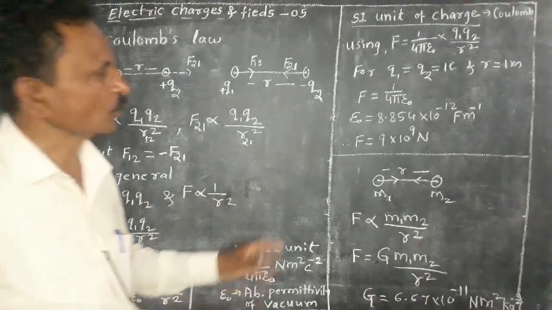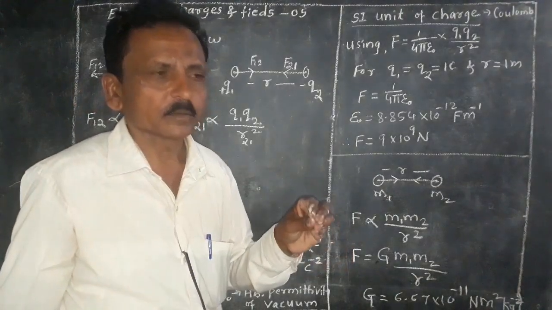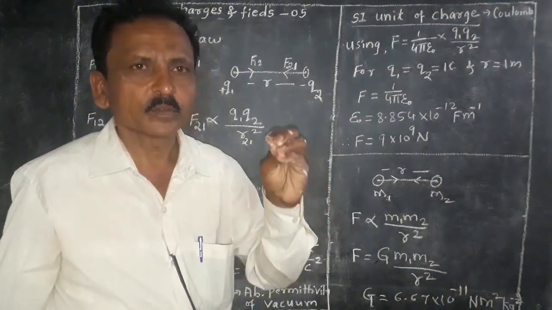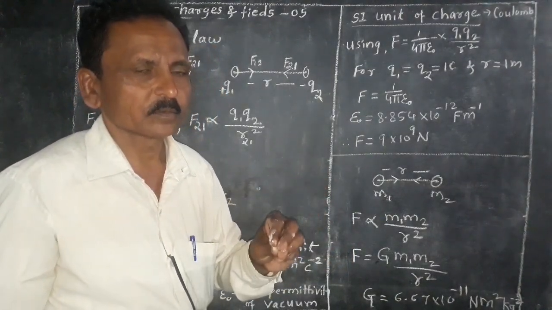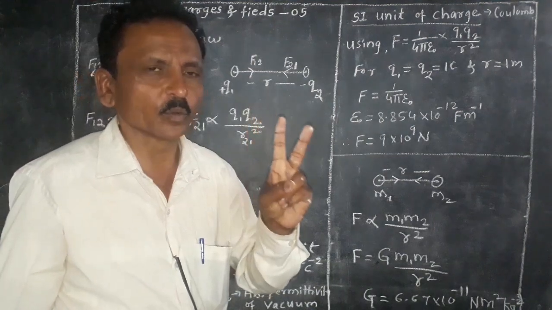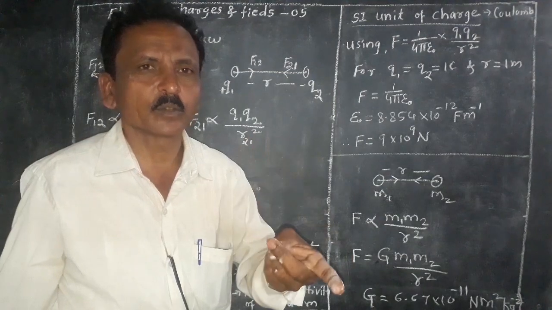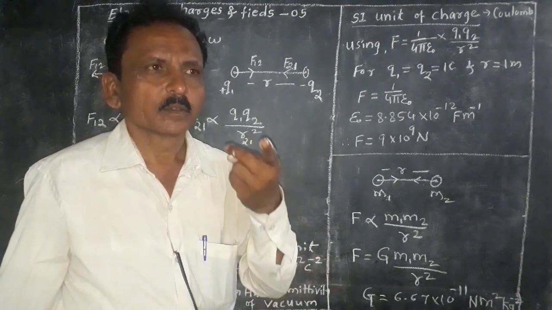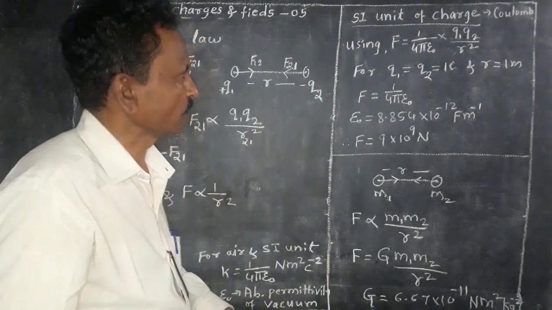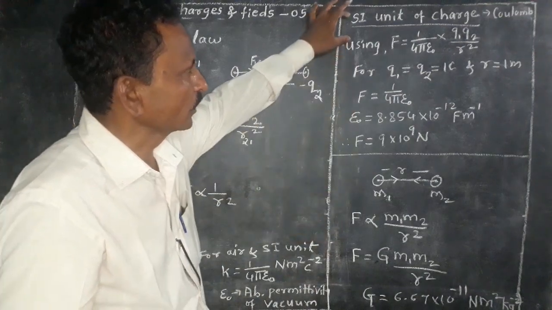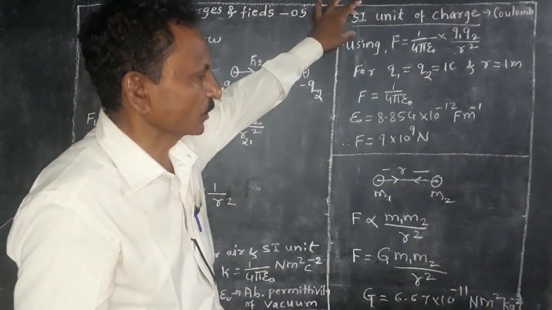Hence, for 2 marks, give the limitations of Coulomb's law. There are 2 limitations. It is only applicable to point charges. It is not applicable to extended charges.